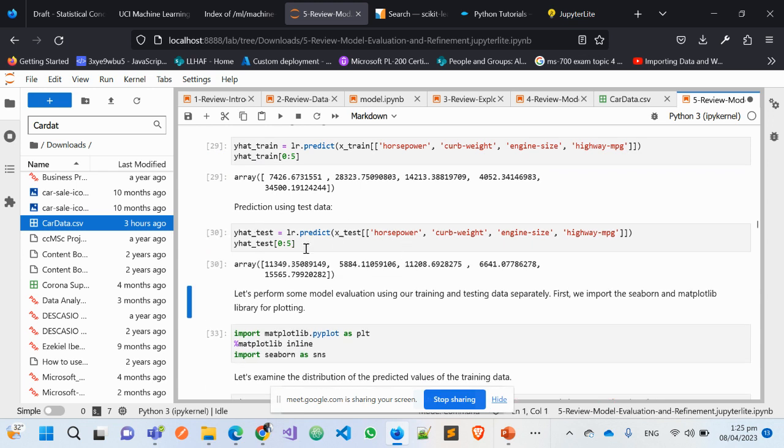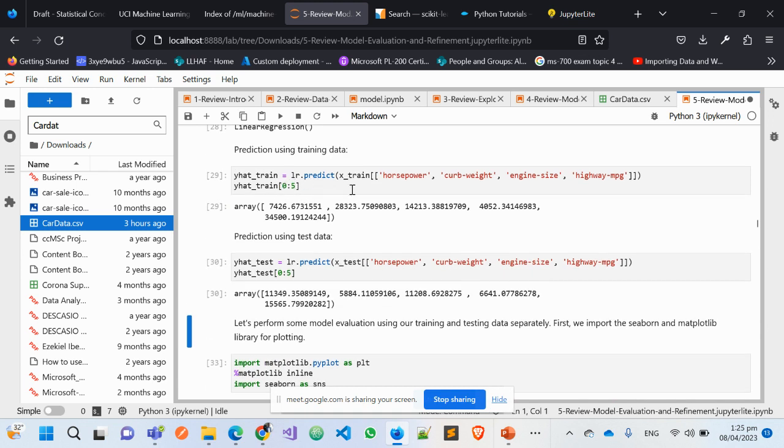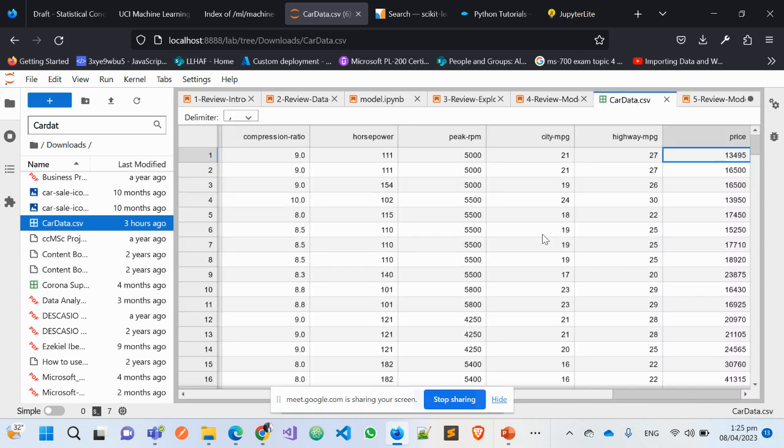When applying our test data on the trained variables, you can see there's a closeness of results compared to the price from the initial data sets.